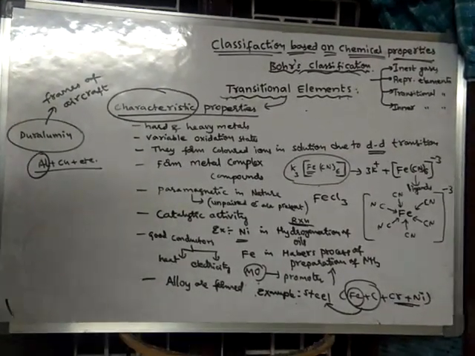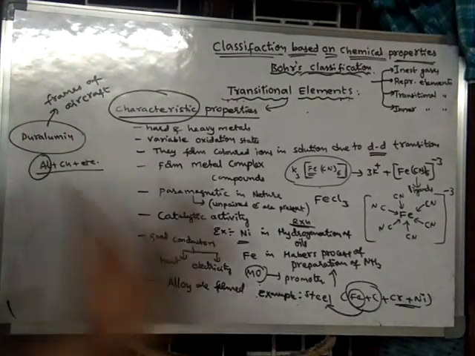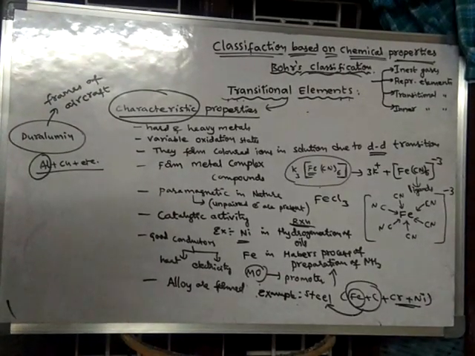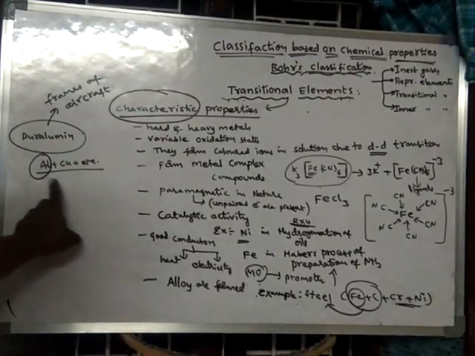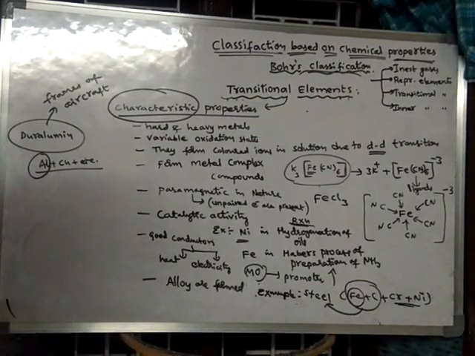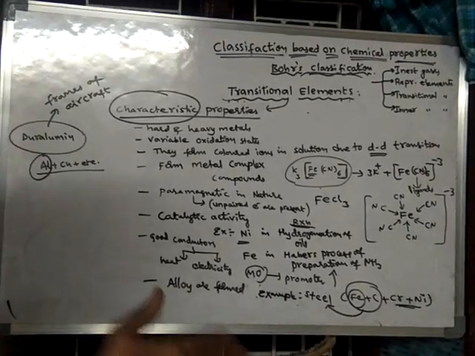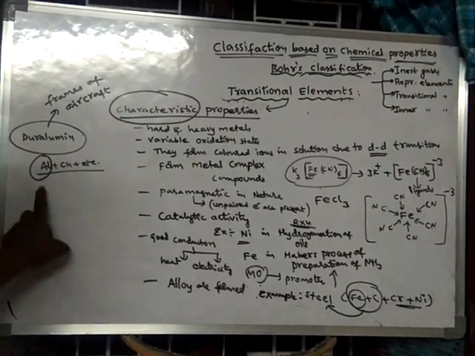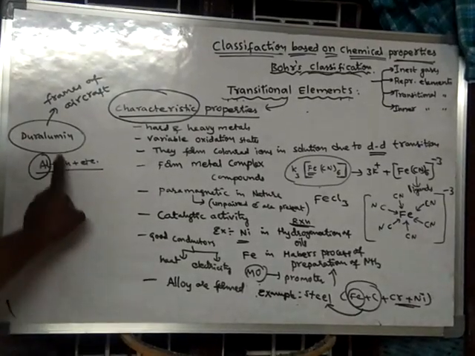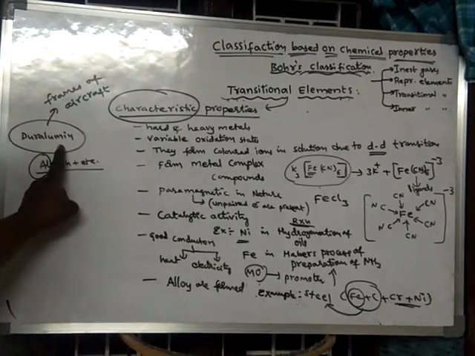So in order to give strength to aluminum, some other metals like copper, etc. are mixed with aluminum. This mixture is said to be an alloy, and the name of this alloy is duralumin.